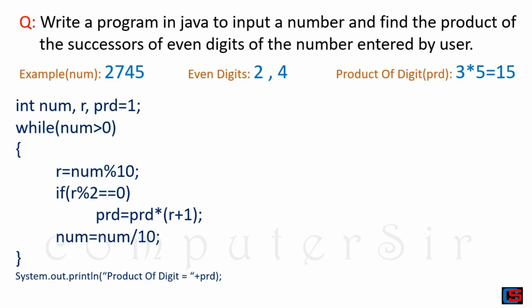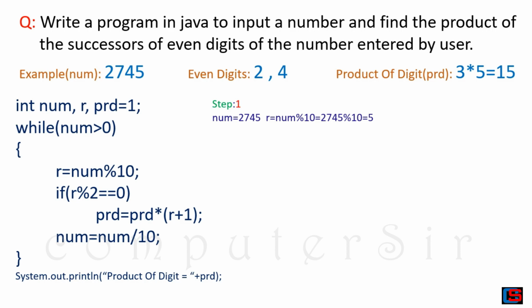So I'm going to run this program. In step 1, if the num entered by the user is 2745, then num equals 2745, and 2745 is obviously greater than 0, so the loop will continue. So r equals num modulo 10, and the value of num is 2745, so 2745 modulo 10, and r becomes 5.